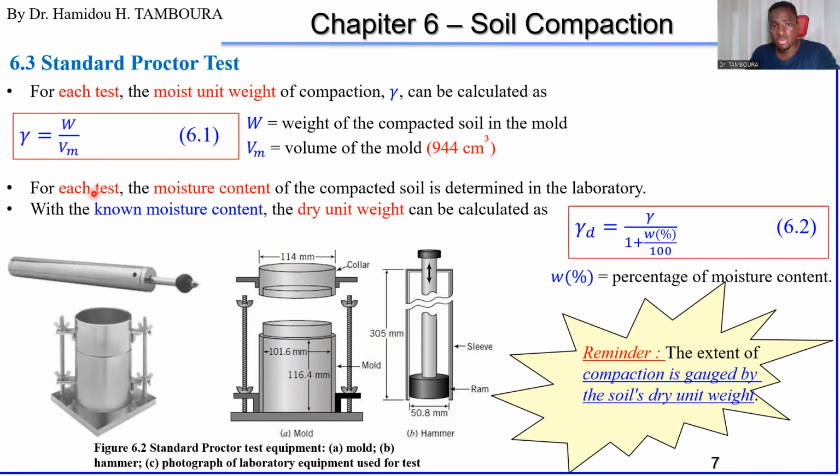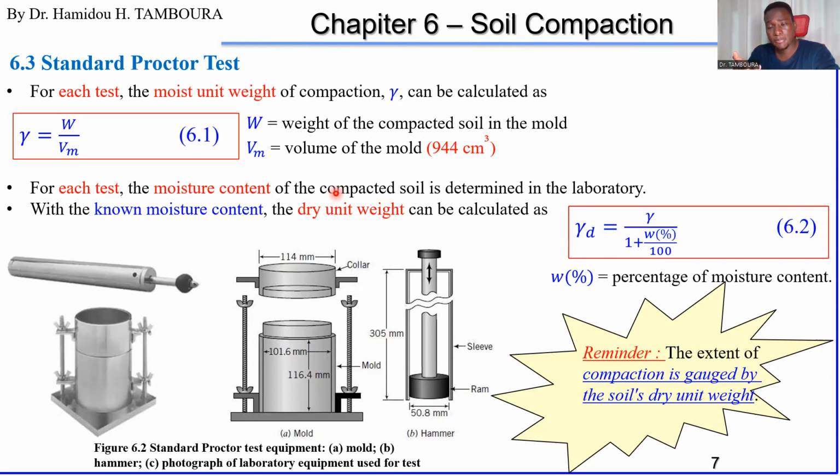And you obtain the water content. To do that, weight of the wet soil minus weight of the dry soil, you obtain the amount of water, the weight of water that was in the soil. And then weight of water divided by weight of soil, I guess you know how to obtain the water content.